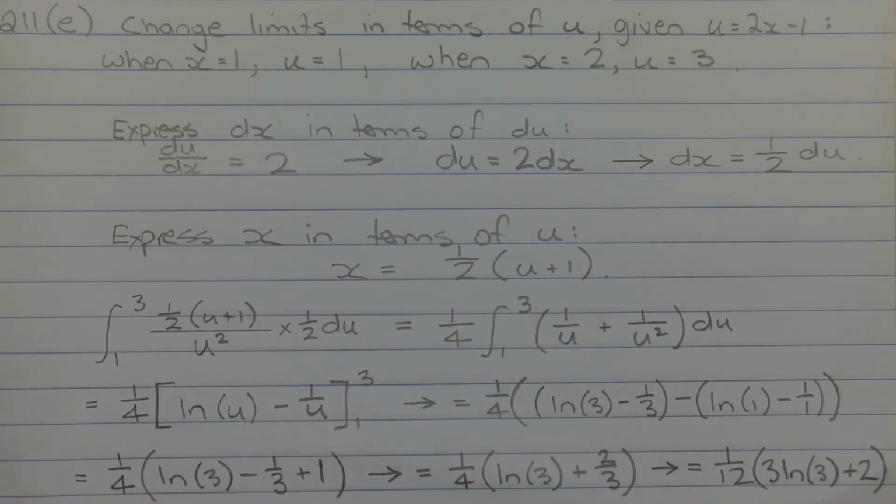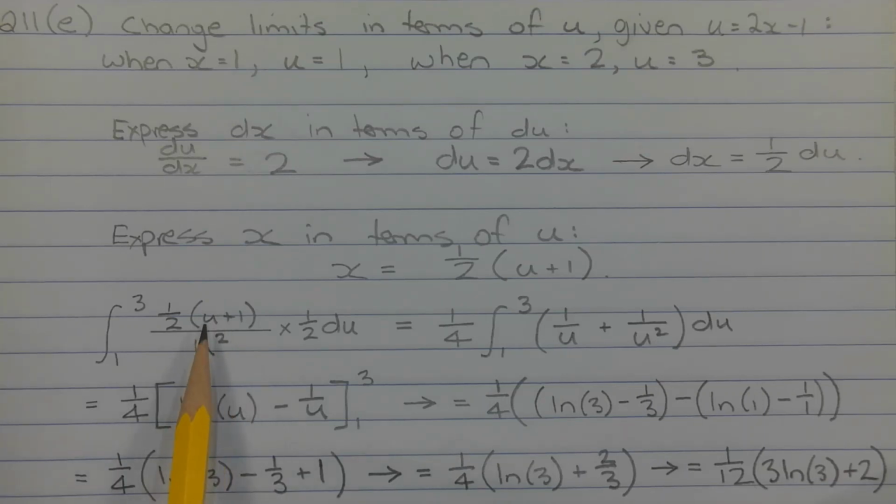Now the original integral can be written as the integral from u equals 1 to u equals 3 of half times (u plus 1) over u squared times half du. Now the half here, which is a multiplying constant, and this half here, which is another multiplying constant, so half times half is 1 over 4, and that can be placed outside of the integral.